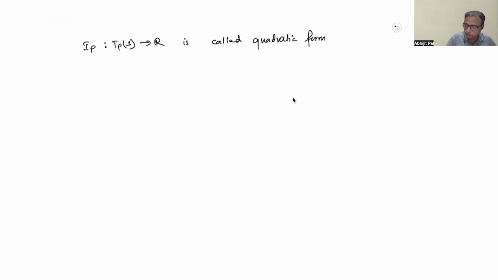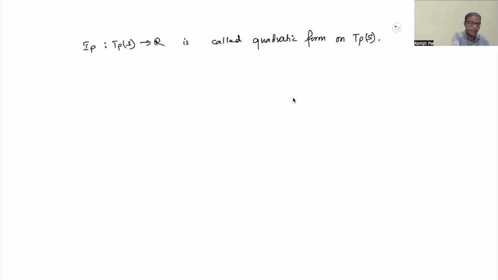Note that this IP(W) is also called a quadratic form. This map is called the quadratic form on this tangent space of S. Okay.